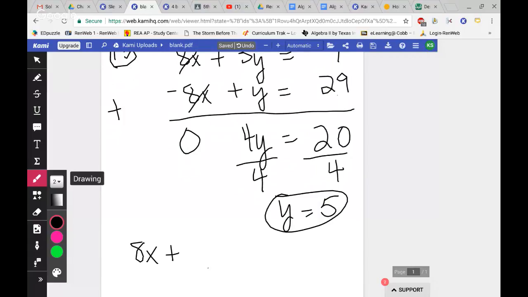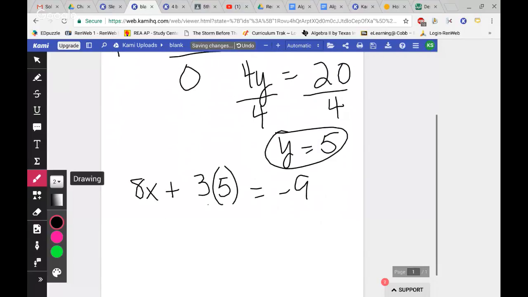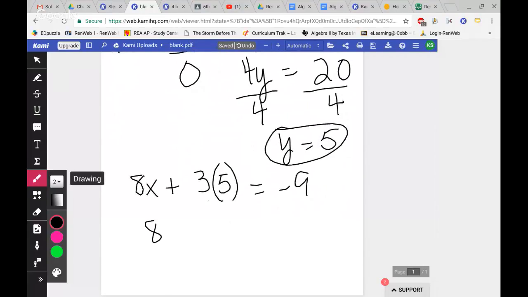So I've got the coefficient of 3. I have to write that. And then I'll put what the variable's value is. Since we figured out what the value is, we'll substitute that value back in for the y, and then equals negative 9. And now I've got 8x plus 15 equals negative 9. And now I'm going to subtract 15 from both sides.